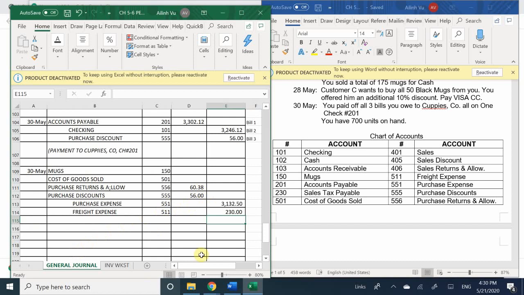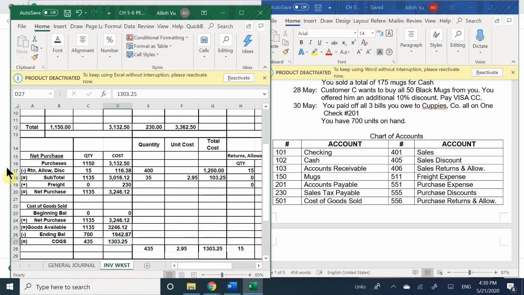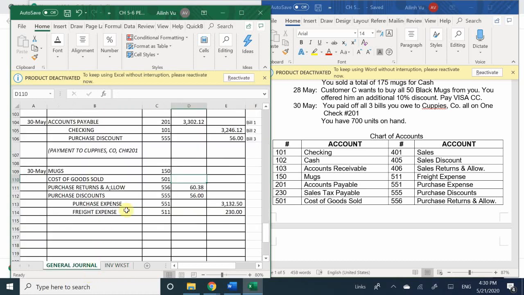And then now that our new merchandise inventory has changed, our new cost of goods sold stays the same because we already calculated it. So this stays the same. It's still going to be 1303.25.